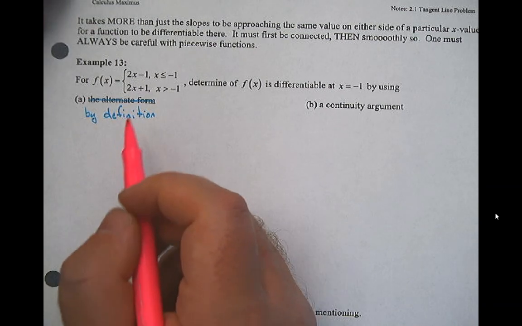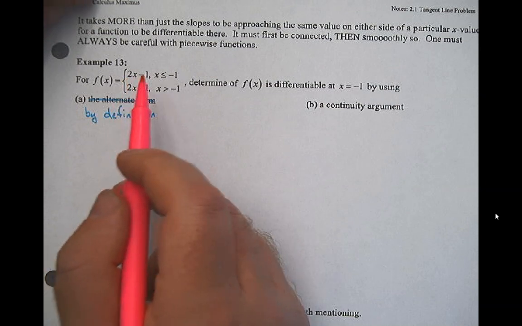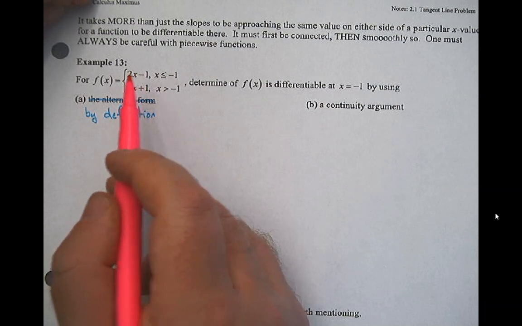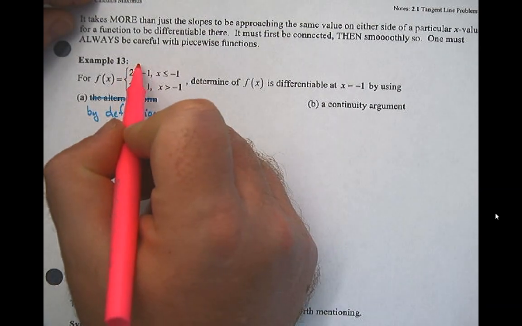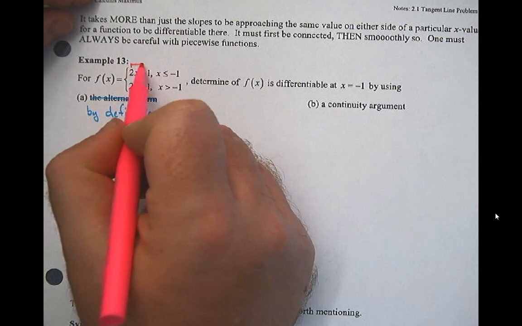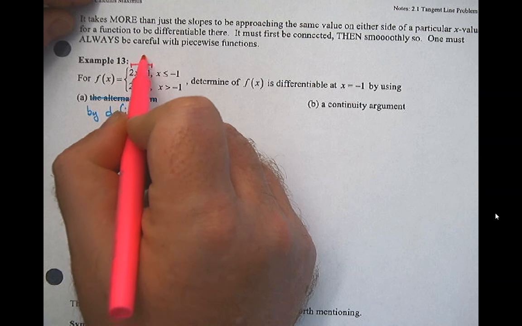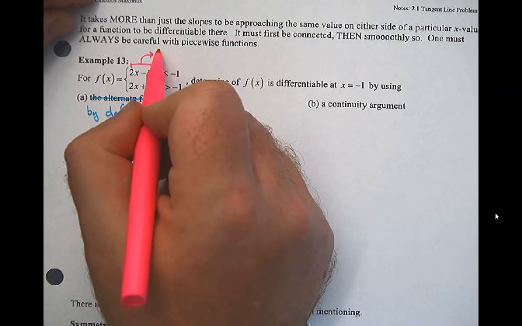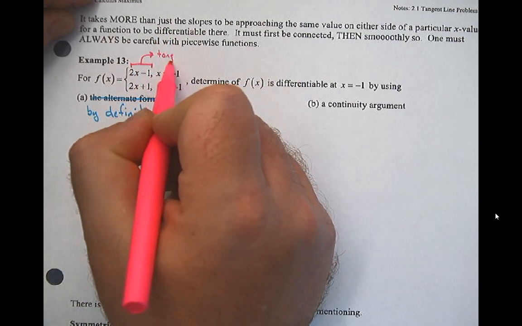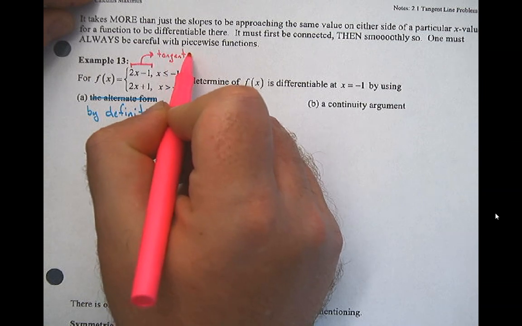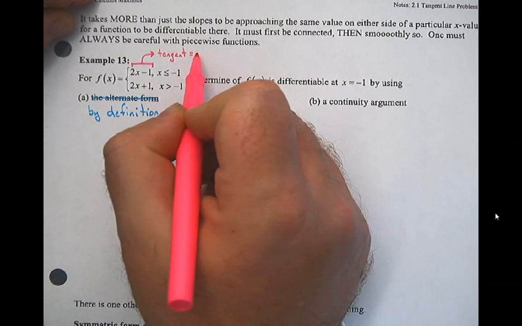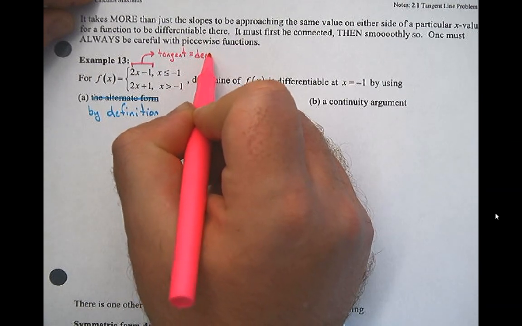I'm going to see if we can cut to the chase here. I haven't shown you this shortcut yet, but let's think about this for a minute. If this is my function on this side, what do we know about the tangent? The derivative equals the tangent. I should have said the tangent equals the derivative.